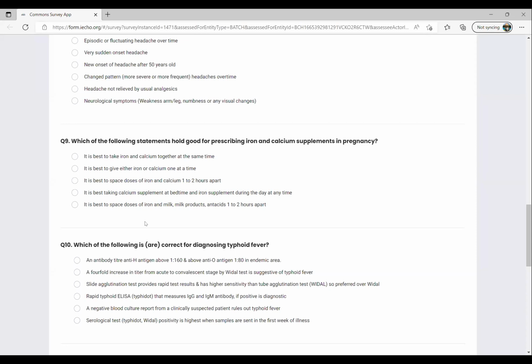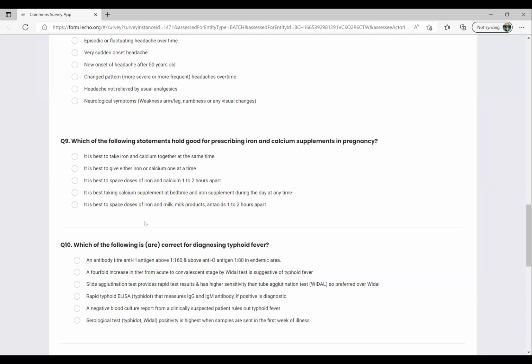Some say you can give them together, some say one at a time, some say give one thing in the morning and the calcium at night, but most of the people do not know the correct way, because there is a drug interaction between iron and calcium.